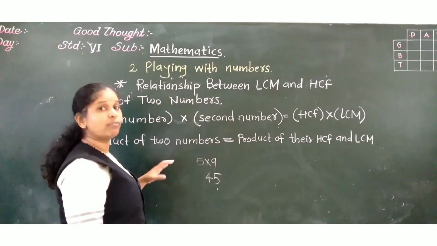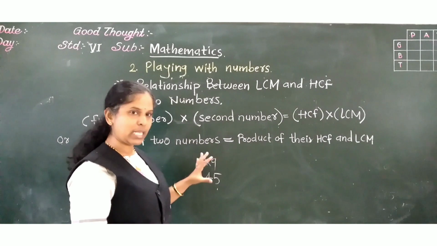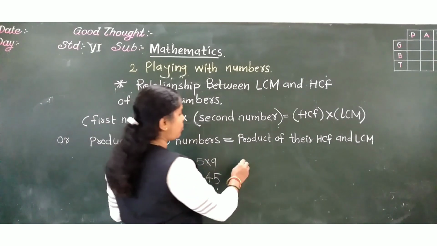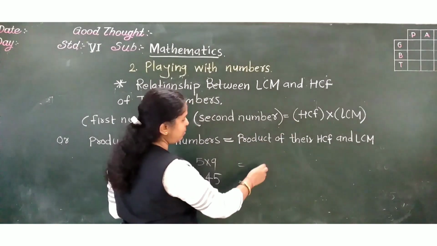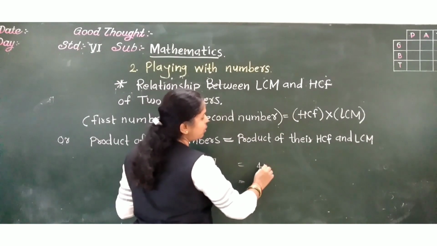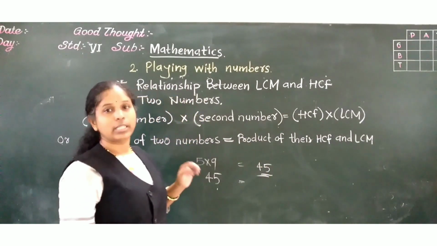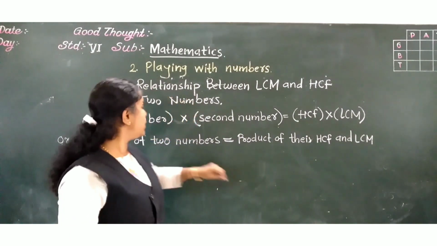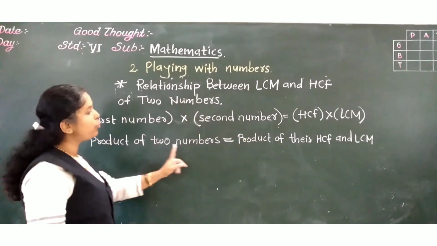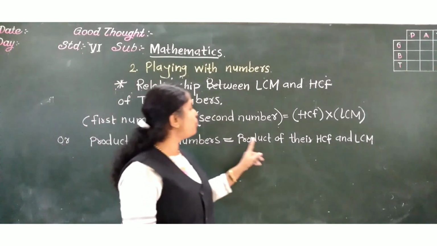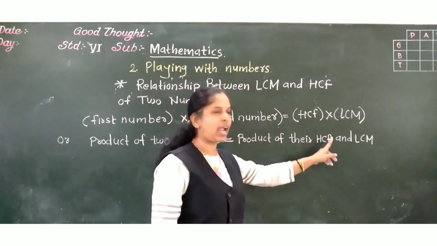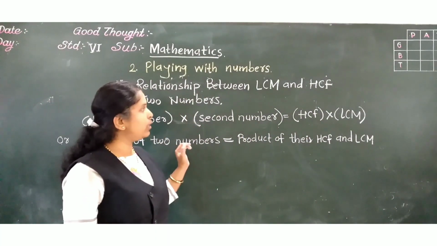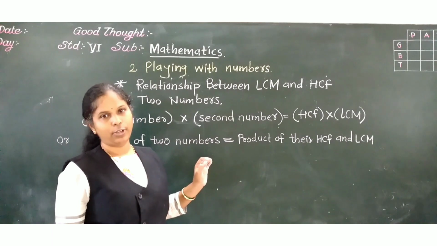You will get 45. One example I am giving. Their product is 45. Then if you take the product of their HCF and LCM, it will be also 45. This is the meaning of it. So the relation is: product of two numbers is equal to product of their HCF and their LCM. This is the relation between LCM and HCF.